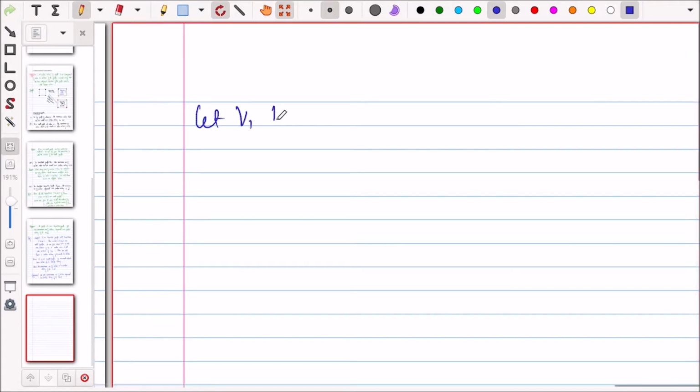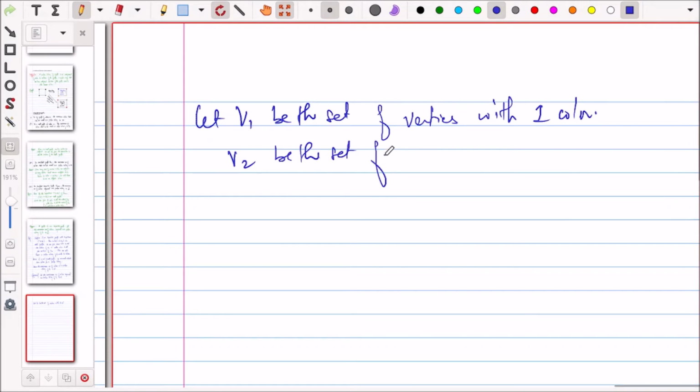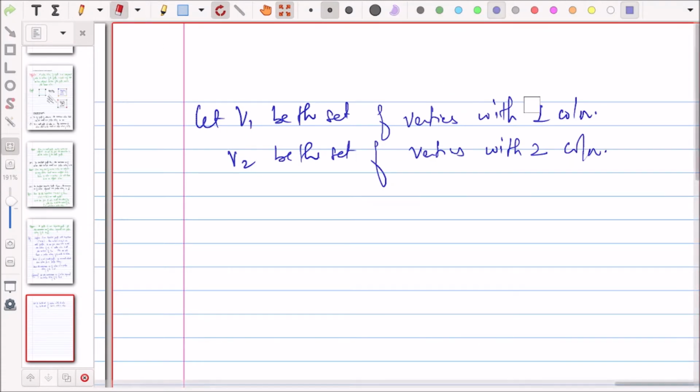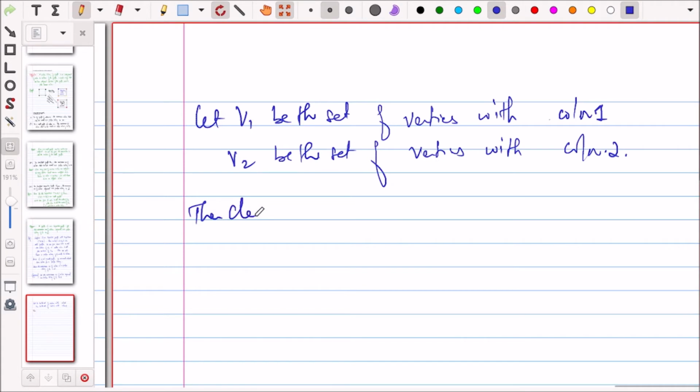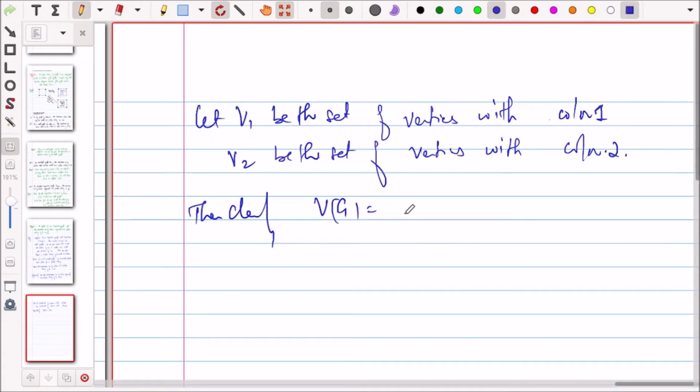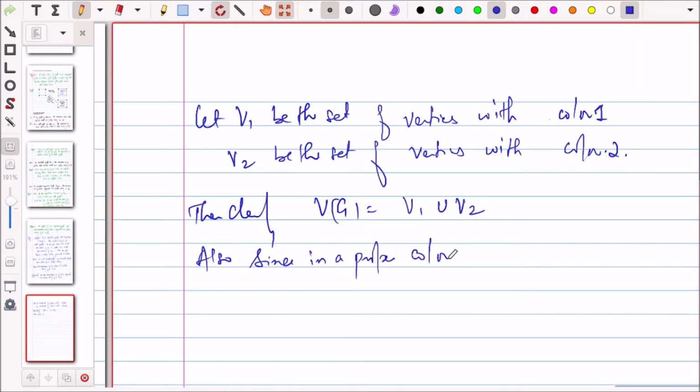Let V1 be the set of vertices with color 1 and V2 be the set of vertices with color number 2. ठीक है, color 1, color 2 ये कर देते हैं. ठीक है, then clearly V(G) is equal to V1 union V2.